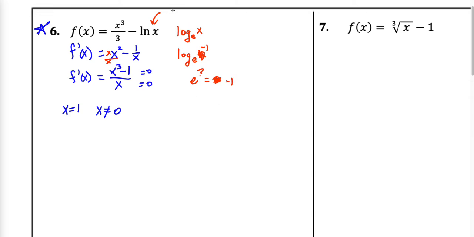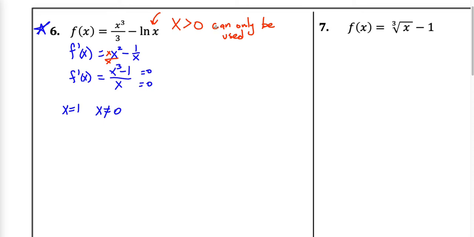So when you have logarithms, it has a domain restriction, even though it didn't say so. And in the original problem, only numbers greater than 0 can be used. So that would be called a domain restriction.